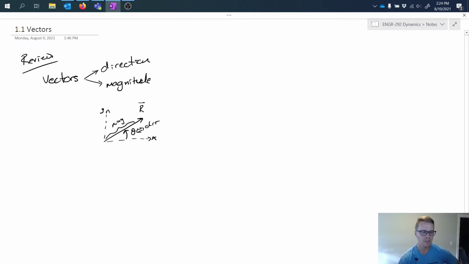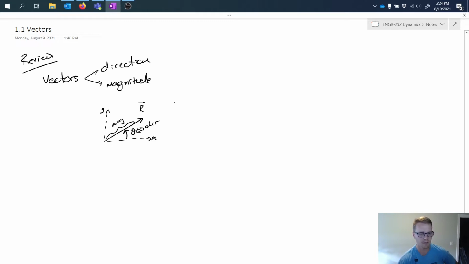Now, of course, the coordinate system is pretty arbitrarily placed. This x and y coordinate system doesn't need to have its origin at the tail of the vector. It could be located in any other position, and then we would need to define the vector based on that new set of coordinates. So this vector, let's pretend it's just any arbitrary number and direction for magnitude.